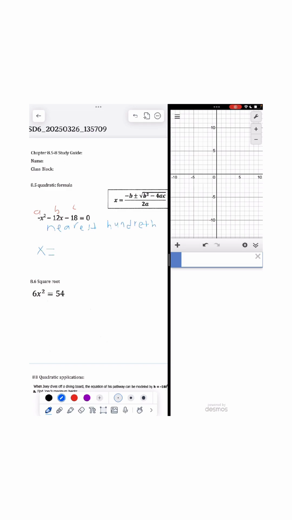x equals, since in our equation negative b is already negative, a negative times a negative makes a positive, so that'll turn to positive 12, plus the square root of b squared, which is negative 12 squared, minus 4 times a, which is negative 1, times c, which was negative 18.